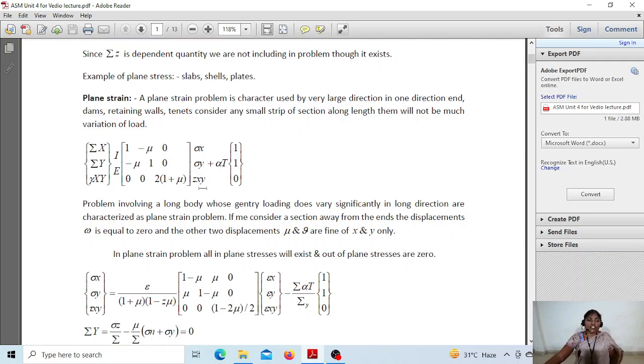Suppose in the plane strain problem in the examination, you are given epsilon x, epsilon y, gamma xy, how will we do the problem?